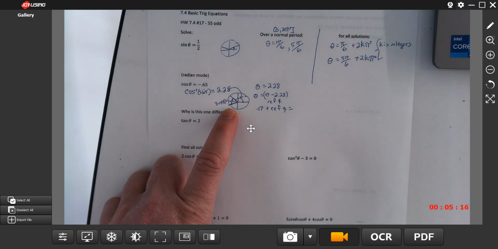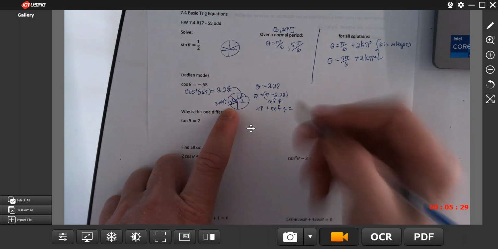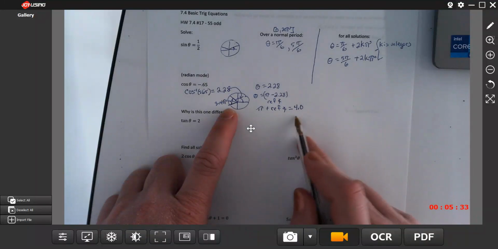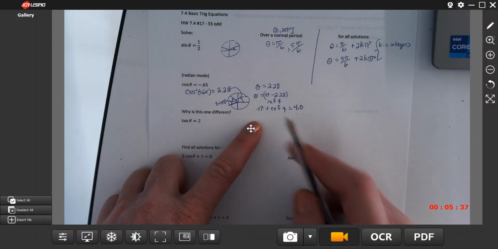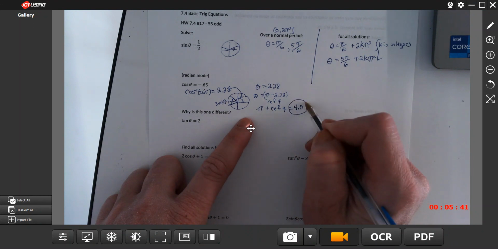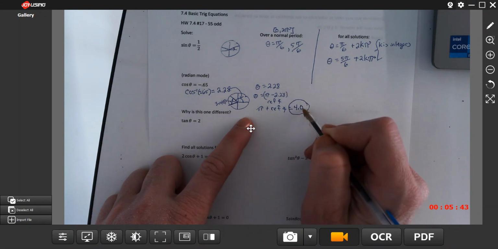And that would give me, I did it earlier and I didn't write it down. Oh, I did write it down. It works out to be 4.0. I didn't show the work here, but I did it earlier. So my two answers are the angle could be 4.0.